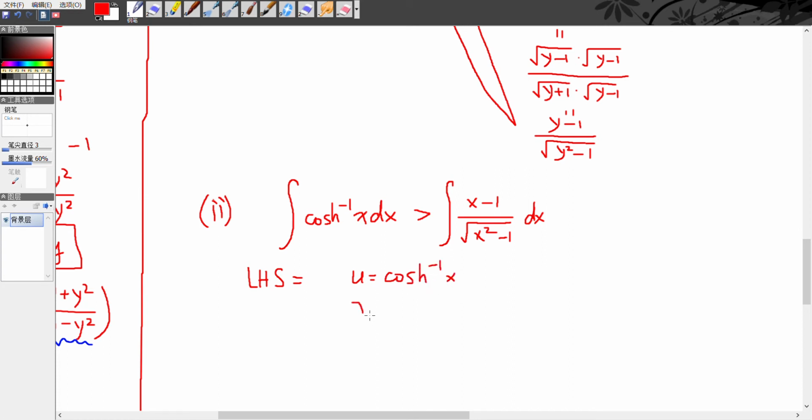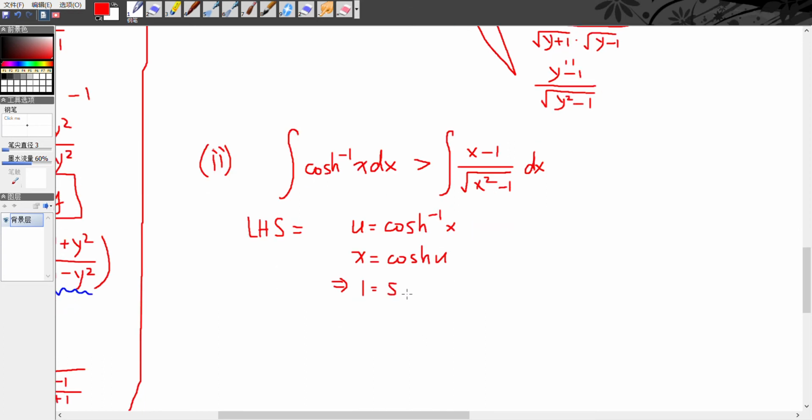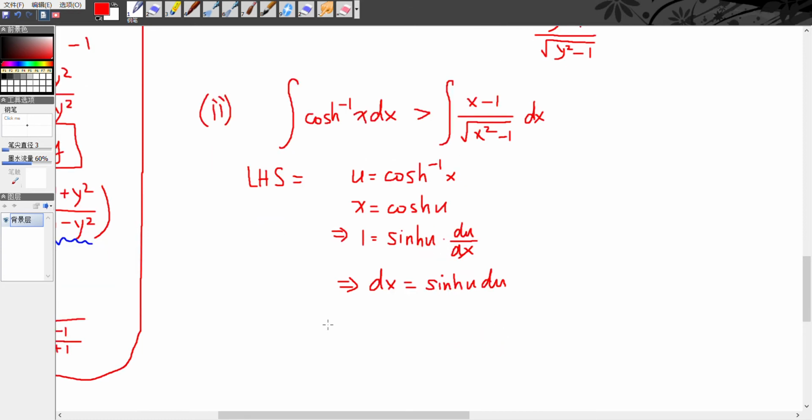Then we will have x equals cosh u. If we take the derivative of both sides, we will have 1 equals sinh u times du/dx, which gives us that dx is equal to sinh u du. So the left hand side is equal to the integral of u times sinh u du.